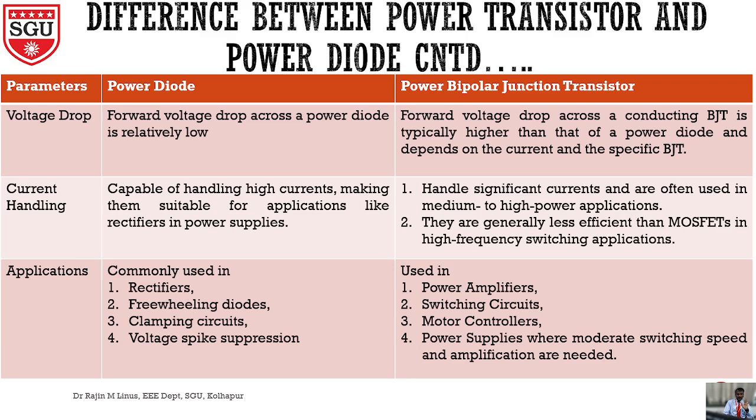They are less efficient than metal oxide silicon field effect transistors in high frequency switching applications. Then applications of power diodes are rectifiers, freewheeling diodes, clamping circuits, voltage spike suppression. But the power bipolar junction transistor is normally used for power amplifiers, switching circuits, motor controllers, power supplies where moderate switching speed and amplification are needed.